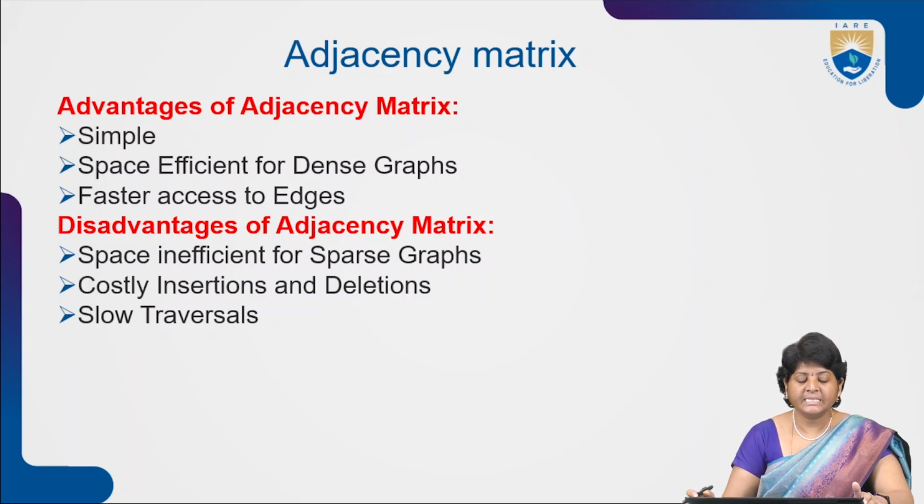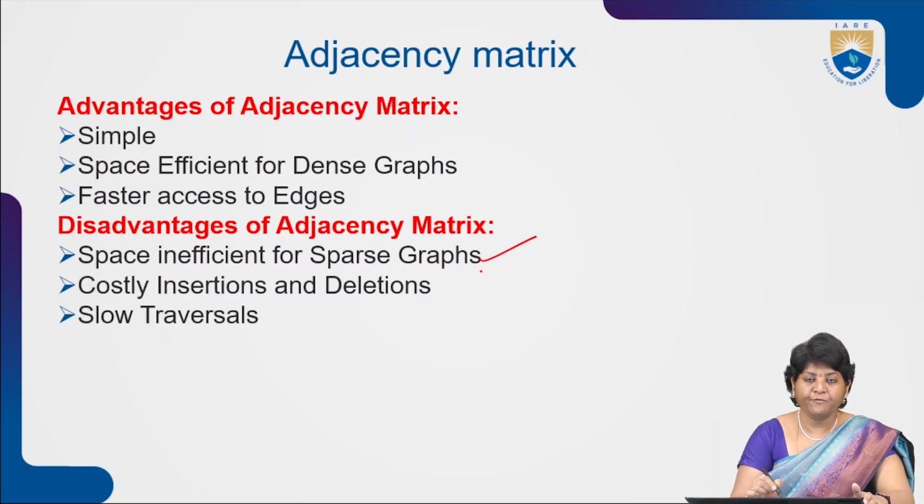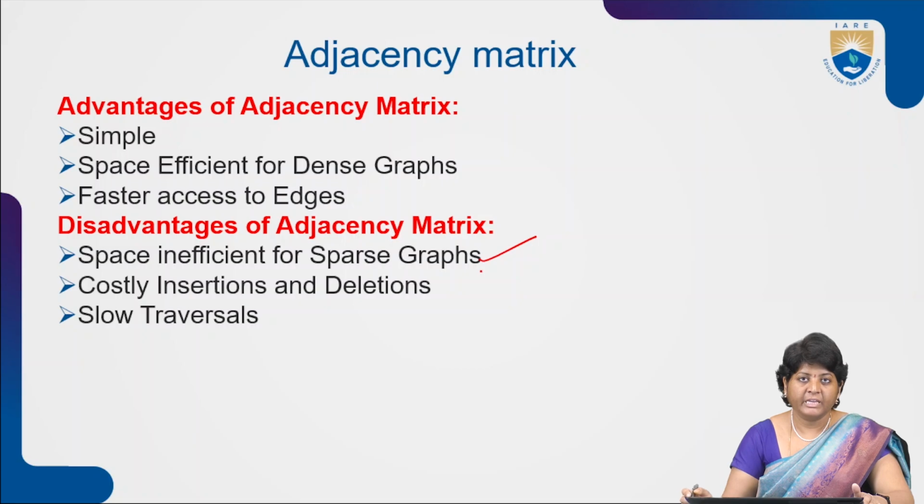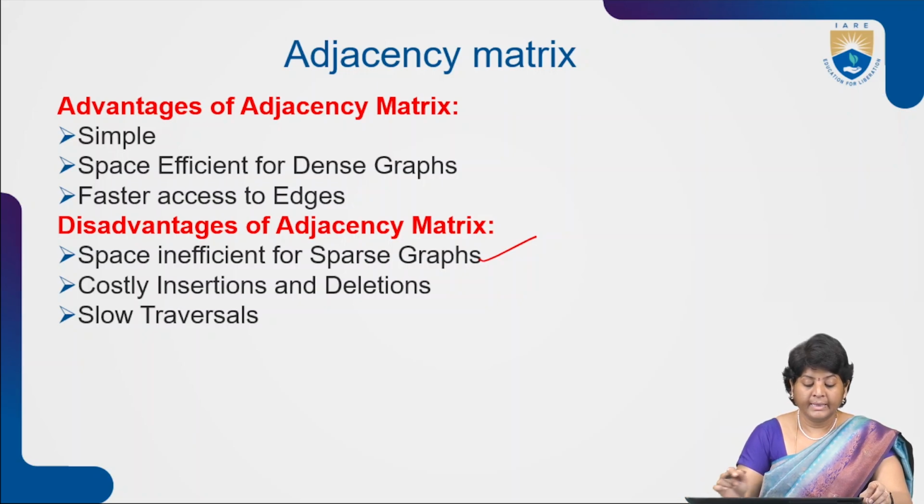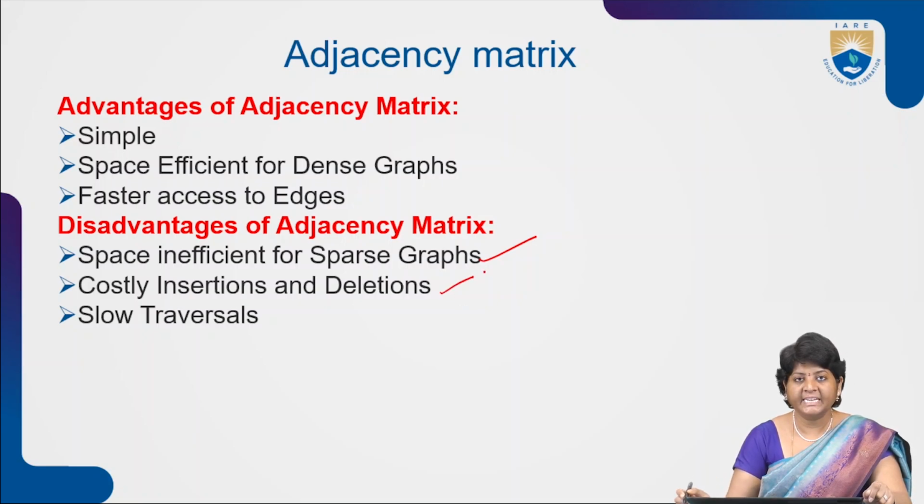Even though advantages are there, we have some disadvantages. The disadvantages are, it is space inefficient for sparse graphs. If we have 100 vertices or 50 vertices or 25 vertices, we need to store this data, which is very huge. That is one drawback. The second one, costly insertions and deletions.